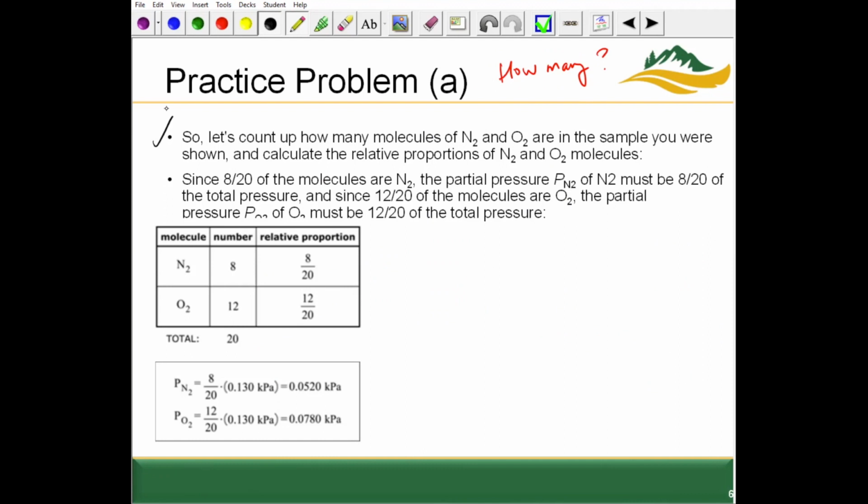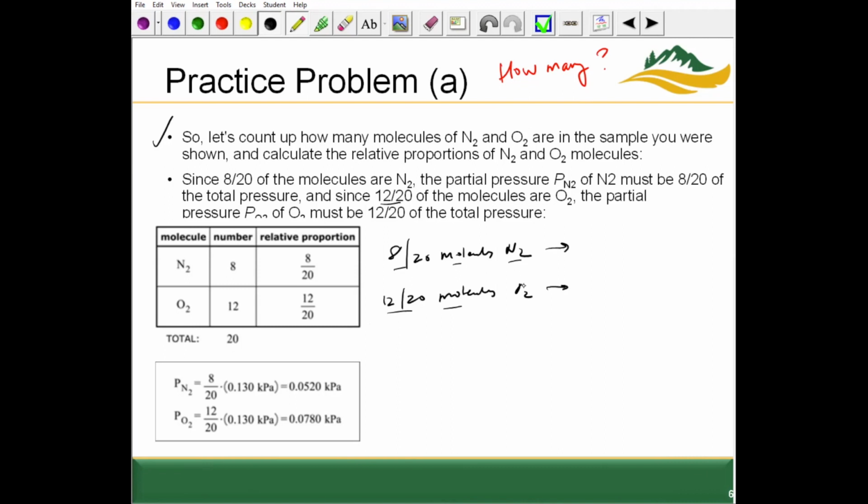From our ideal gas laws, we can connect now that there are 8 out of 20 molecules of N2 present in our vessel, and 12 out of 20 molecules of O2, out of the total gas molecules present. Because of our ideal gas laws, we can connect this number of molecules to the partial pressure of each.